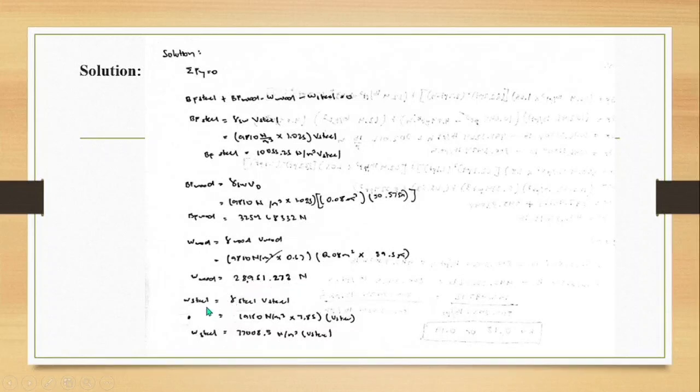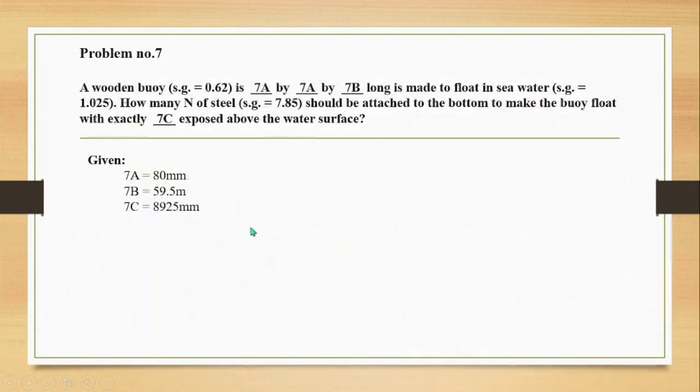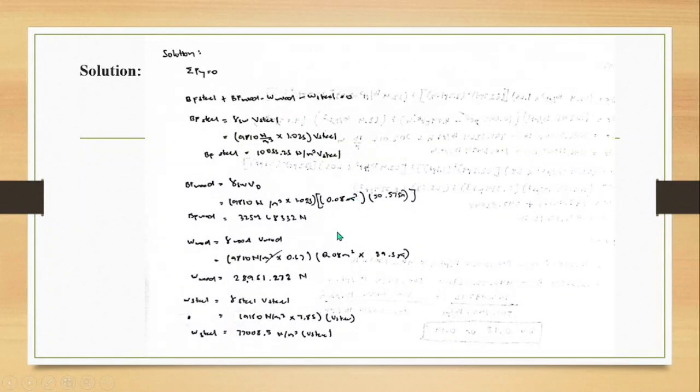Next, W steel is the same: 9810 Newton per meter cube times 7.85, which is its given. Multiplying, our W steel is 77,008.5 Newton per meter cube V steel.